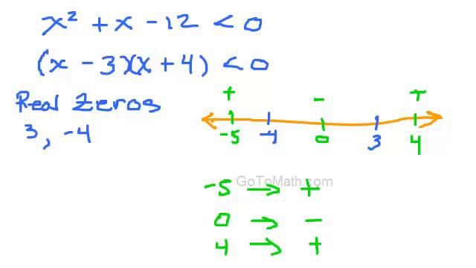Alright, so we'll go ahead and write this in interval notation. Our solution set is between -4 and 3. That's interval notation. Our inequality notation would be x is greater than -4 and x is less than 3.